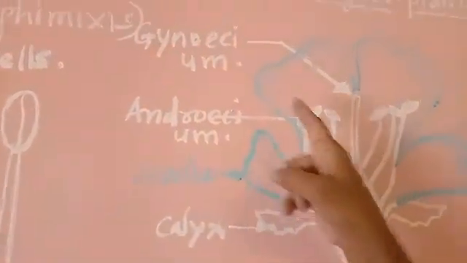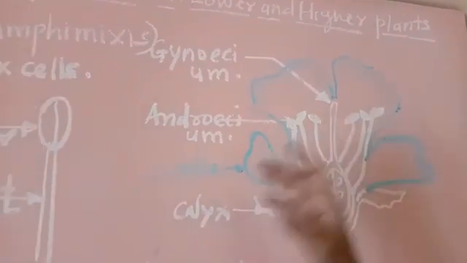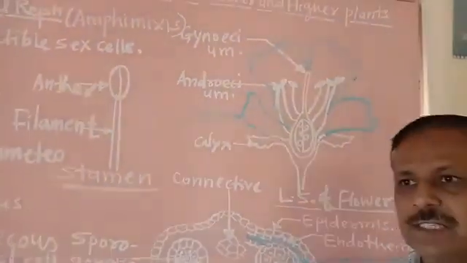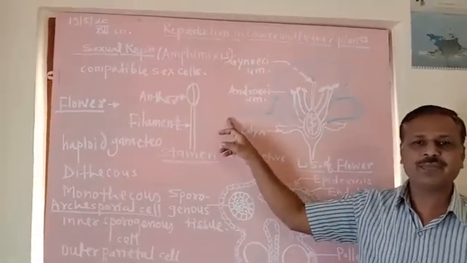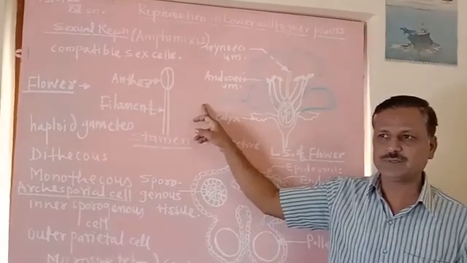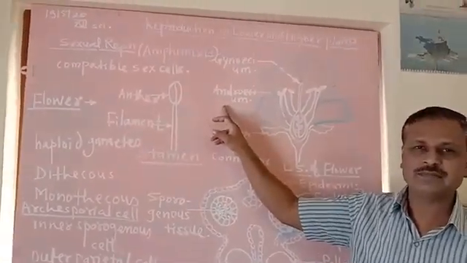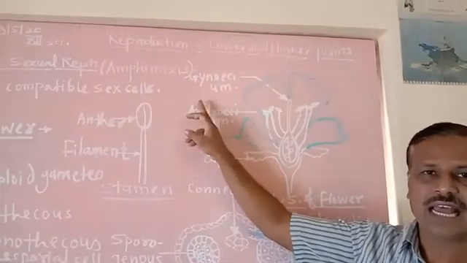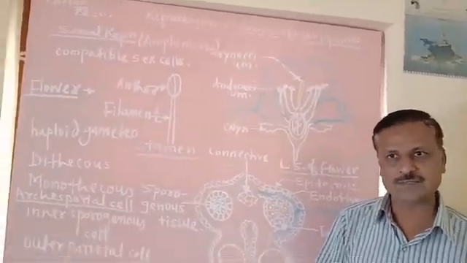androecium and gynoecium. Out of these four floral whorls, calyx and corolla are called accessory floral whorls, while androecium and gynoecium are called essential floral whorls.